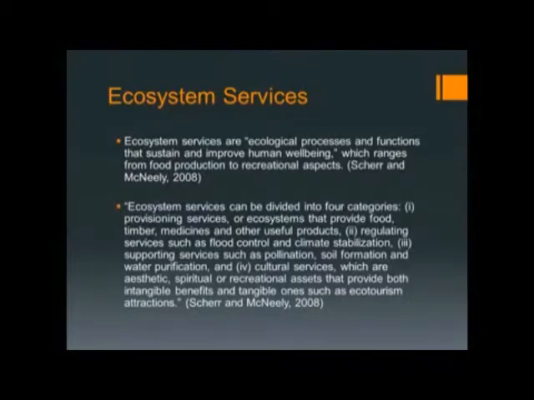The second category is regulating services, such as flood control and climate stabilization. The third category is supporting services such as pollination, soil formation, and water purification. And the fourth one is cultural services, which are aesthetic, spiritual, or recreational assets that provide both intangible benefits and tangible ones, such as ecotourism attractions.